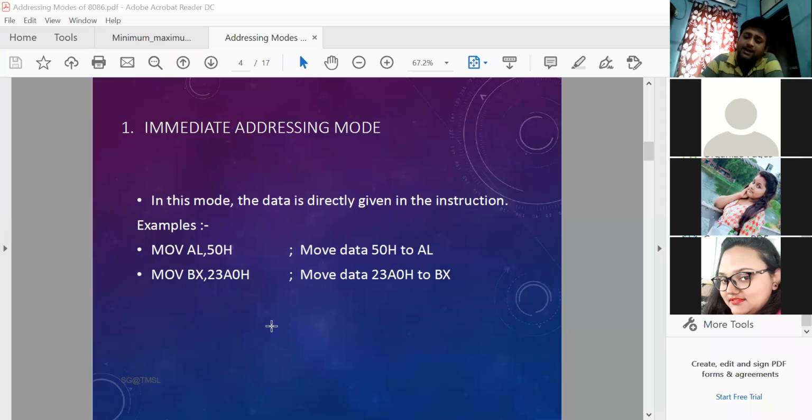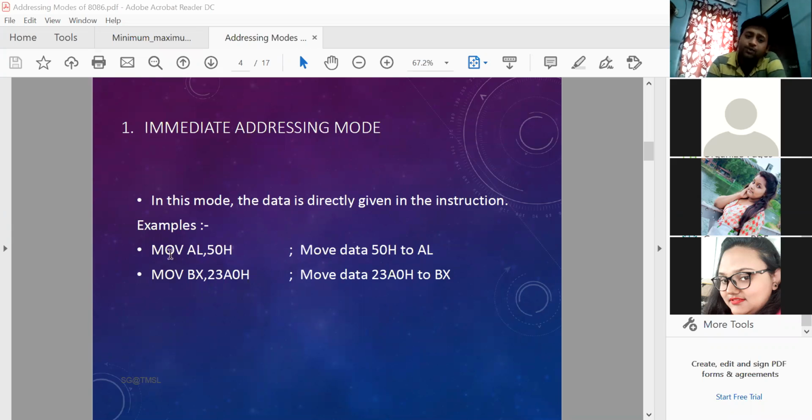BX is divided into two 8-bit registers, BH and BL. In the same way, CX is CH and CL, and DX is DH and DL. So you can use any 8-bit register like AL or AH, or a combination of these two 8-bit registers as the 16-bit AX. Here you have used 50, which is 8-bit data. That's why AL is used.